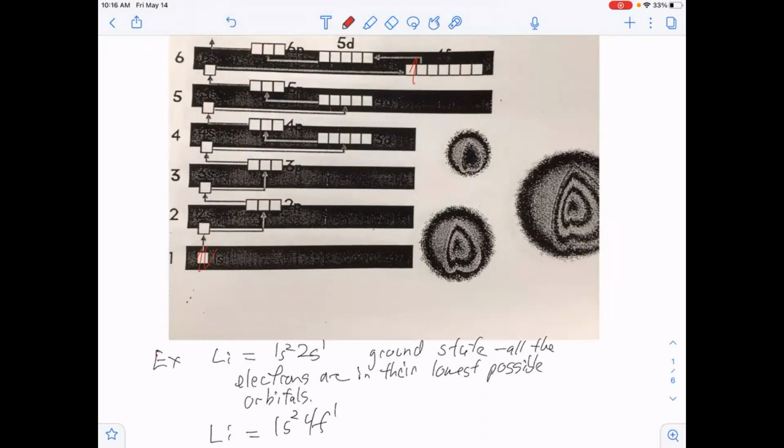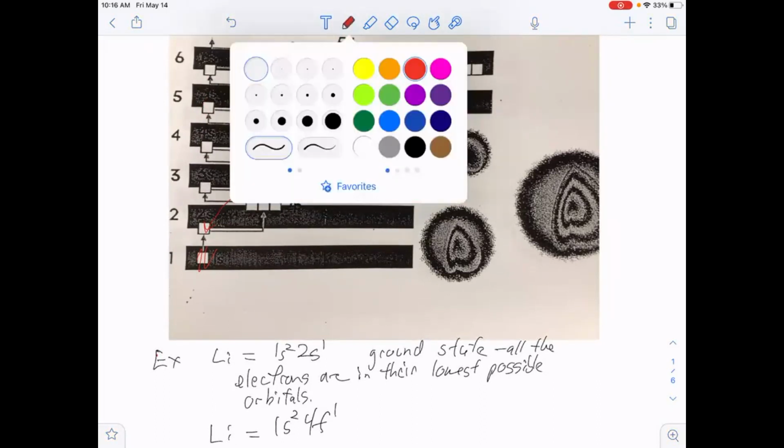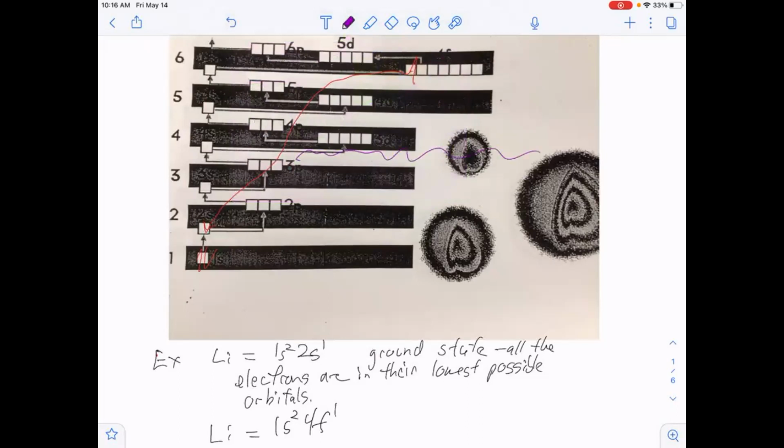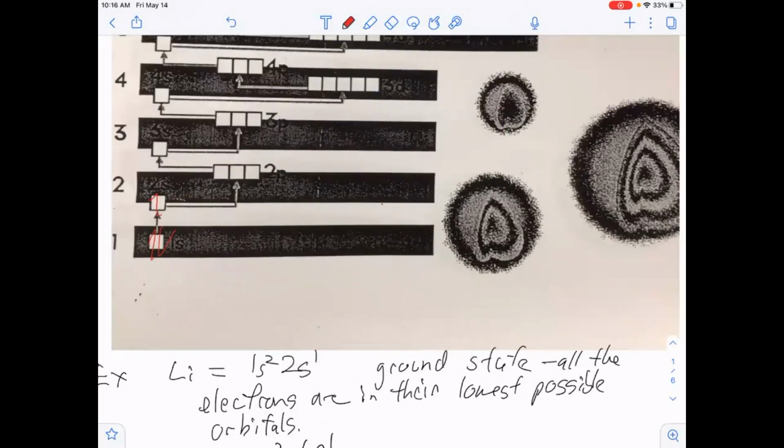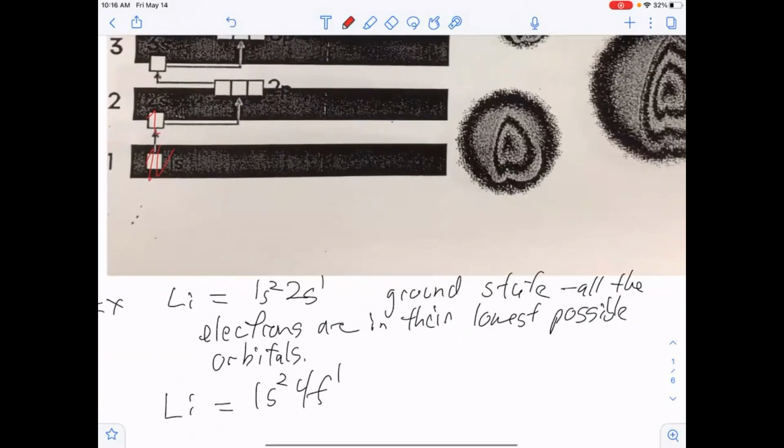Now, what happens when that electron falls back down? It releases energy in the form of light. When electrons fall, they give off energy in the form of light. So you have excited and ground. This would be excited state.